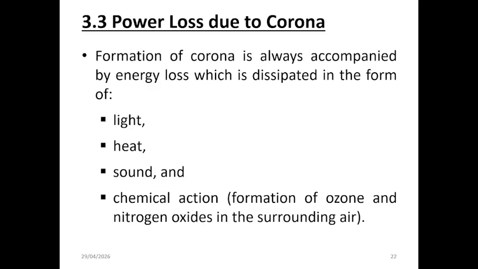in the surrounding air. Although the power loss due to corona is generally small under fair weather conditions, it can become significant at high voltages or under adverse weather conditions. Therefore, minimizing corona losses is essential for improving transmission efficiency and reducing unwanted environmental effects.